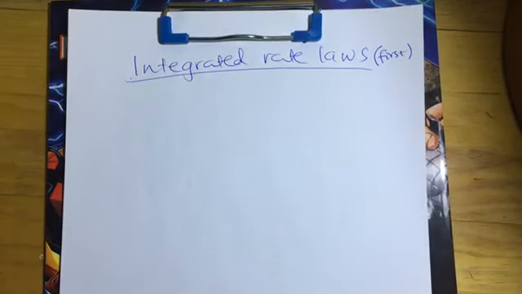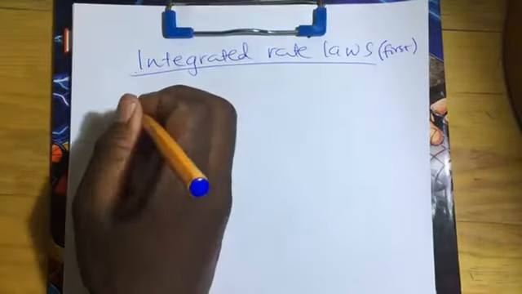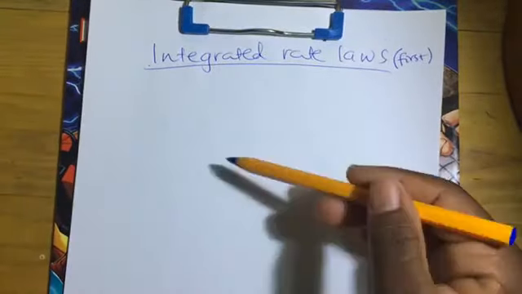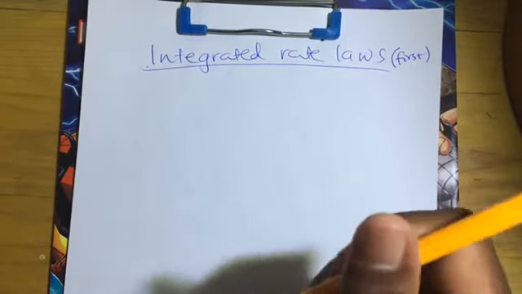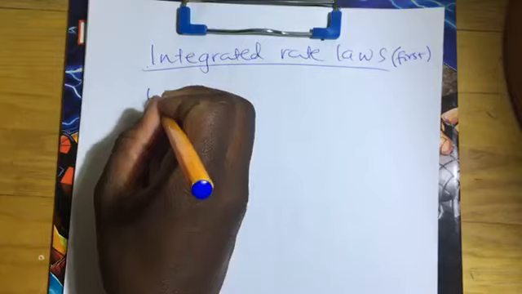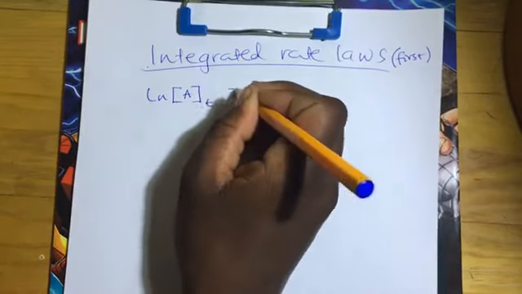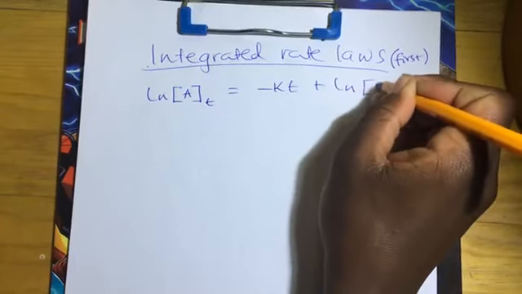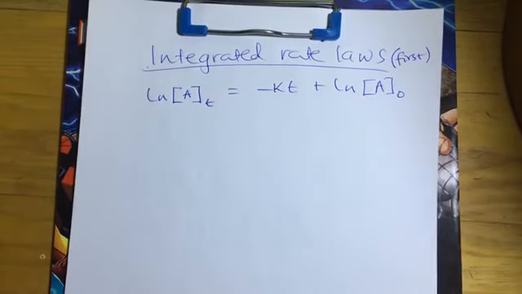So you just need to learn this law the way that it is. You don't need to learn how to derive this integrated rate law. It is derived using integration and the like, but you don't need to worry about that. So this is going to be ln[A]t is equal to negative kt plus ln[A]0. This is the equation.